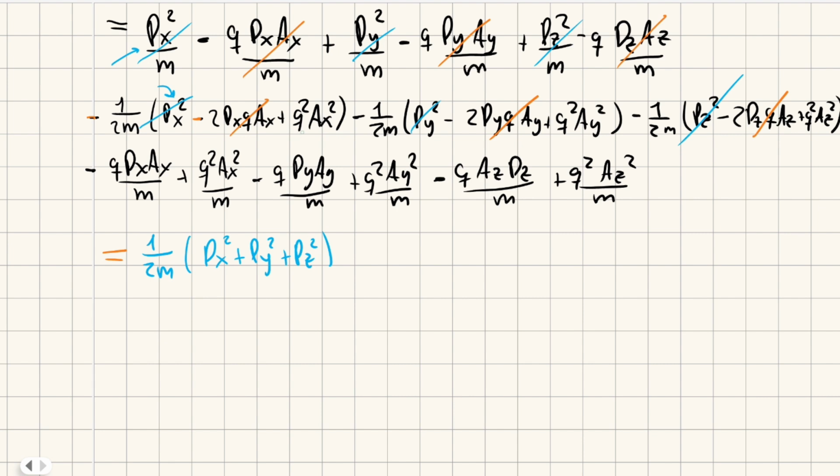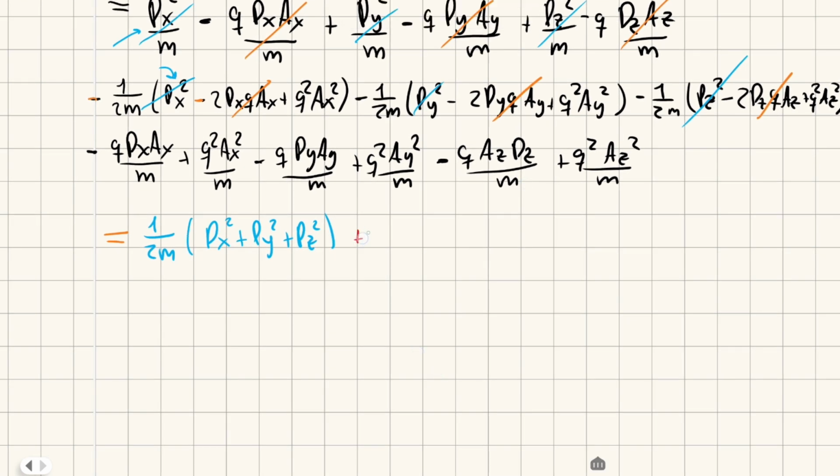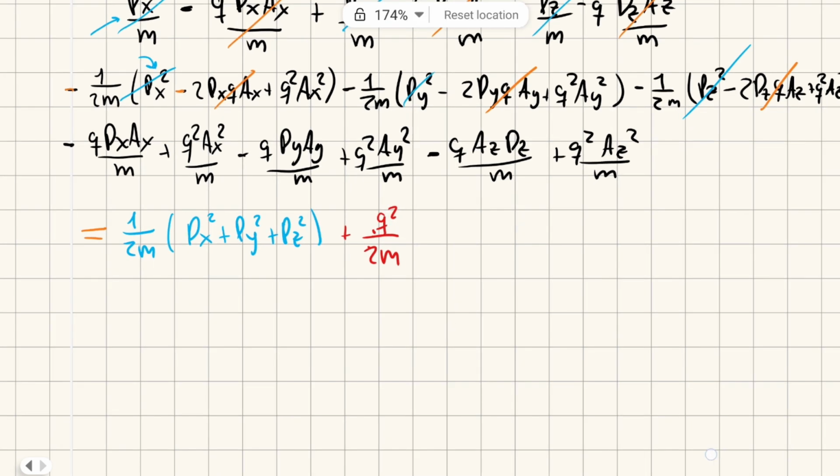Okay, perfect. So look at that again. Here we have a q squared ax squared and a q squared ax squared, and this is divided by m. This is multiplied by minus 1 divided by 2m, so we will get plus 1 divided by 2m times q squared, and let me factor that q squared. Here it multiplies ax squared plus ay squared plus az squared, right?